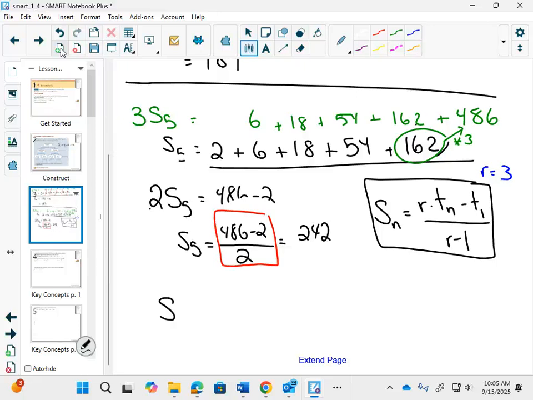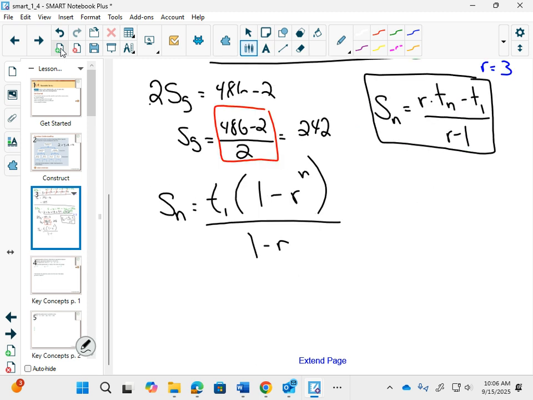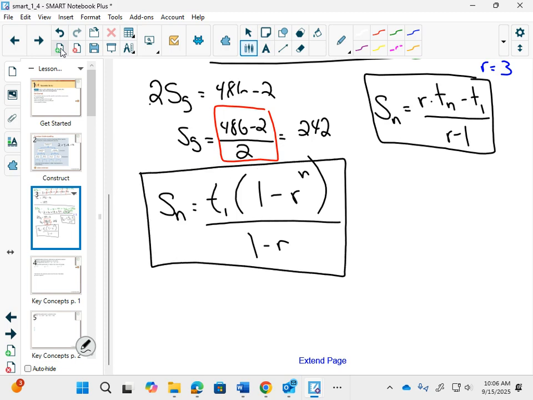Term 1, so the formula sheet has it written out like this. We developed the formula this way.